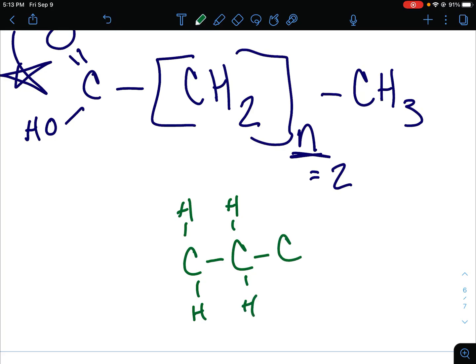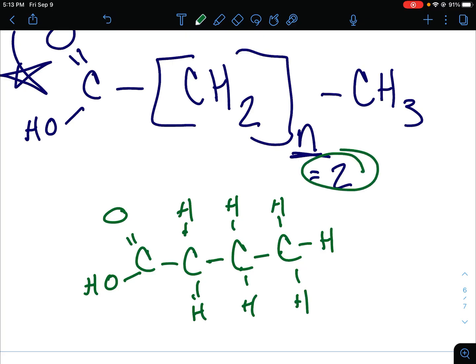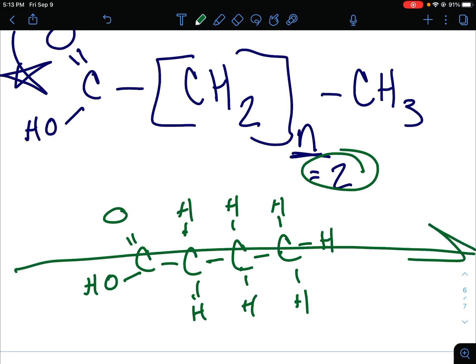Then we would have it connected to a C with 3 H's. This carbon and this carbon have all of their bonds filled. They have 4. They're happy. This one only has 3. That's where the functional group comes in. OH, O. Okay? So that's what it would look like if N was equal to 2. If N was equal to 100, it would be way longer, and I'm not drawing all that.